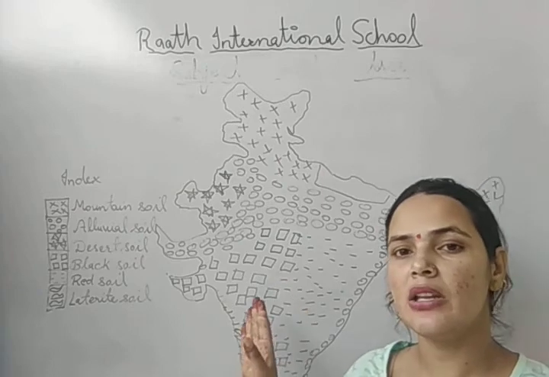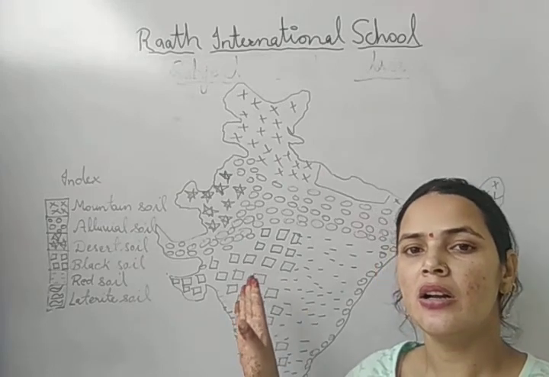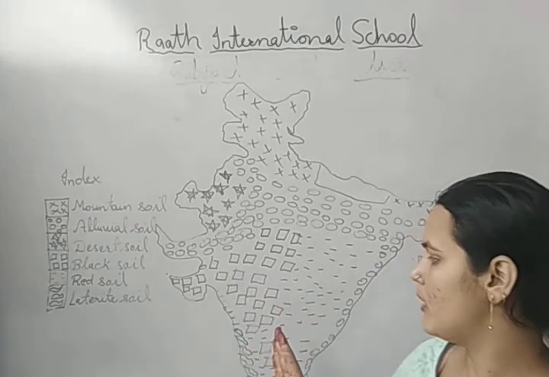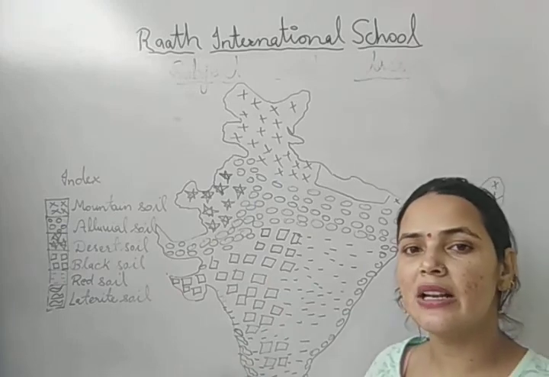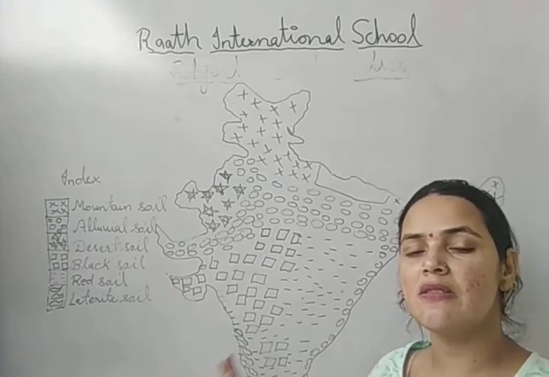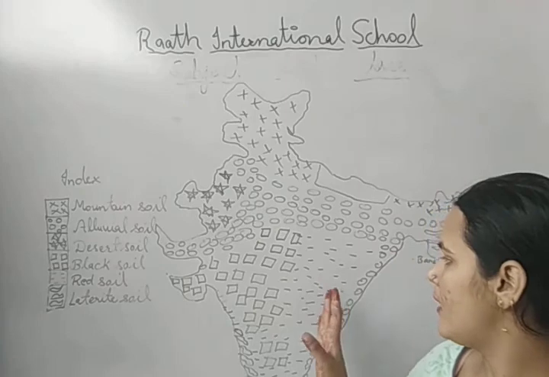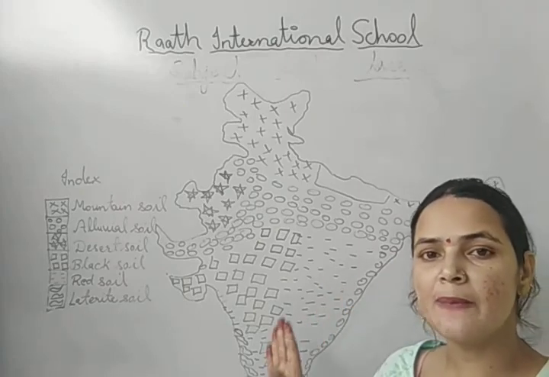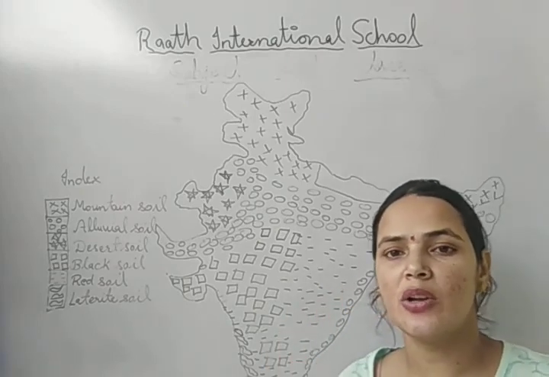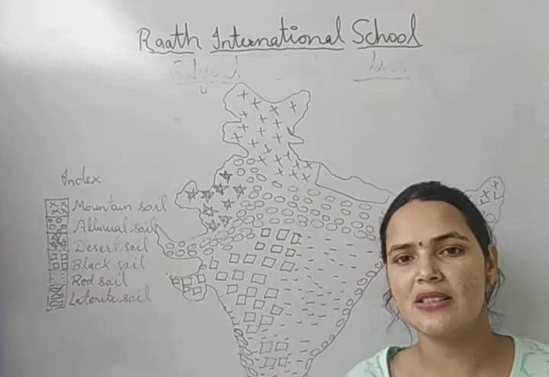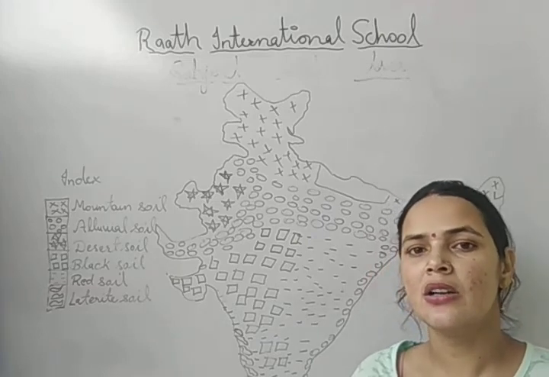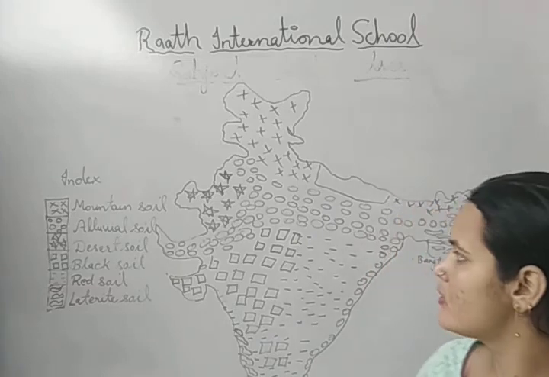It is found in Maharashtra, Gujarat and Madhya Pradesh. Laterite soil, that is found in areas which receive heavy rainfall. Red soil is found in plateau regions. Laterite soil and red soil need fertilizers or pesticides to increase the fertility of the soil.